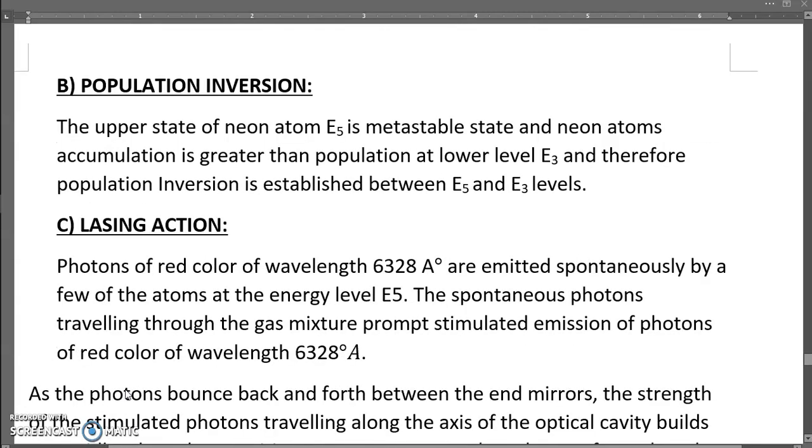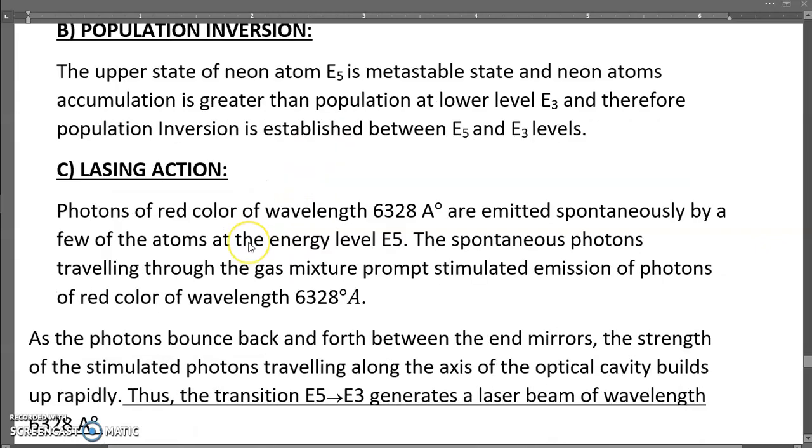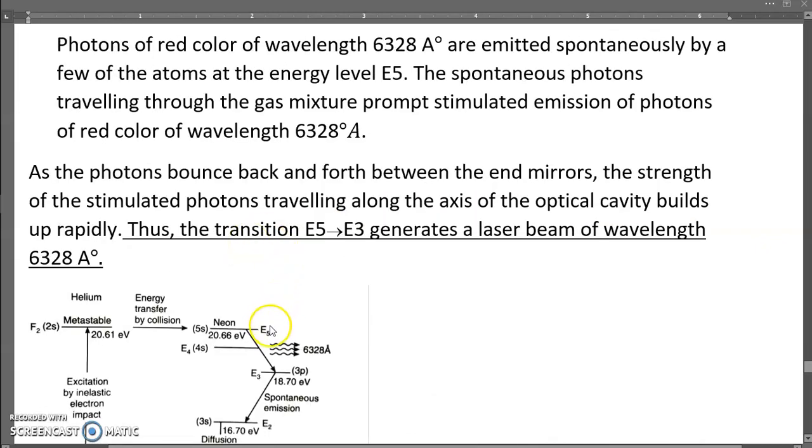Now let us see the population inversion. You can see here, the upper state of the helium neon laser is a metastable state. So the neon atoms keep on accumulating here until there is a population inversion between E5 and E3.